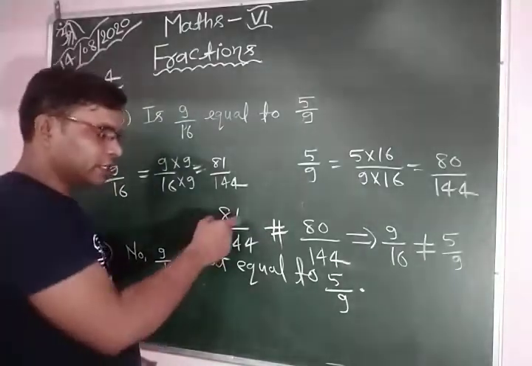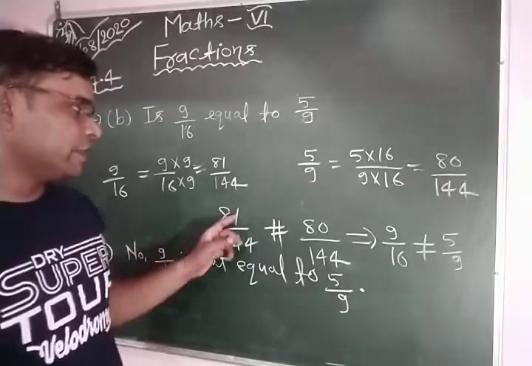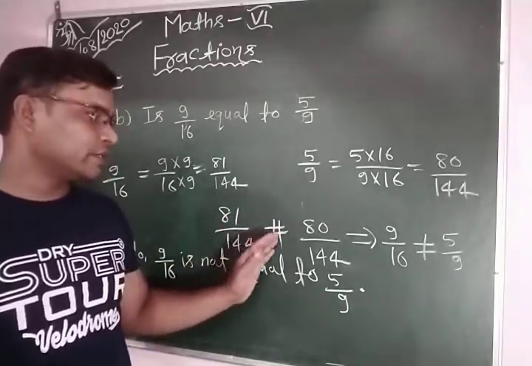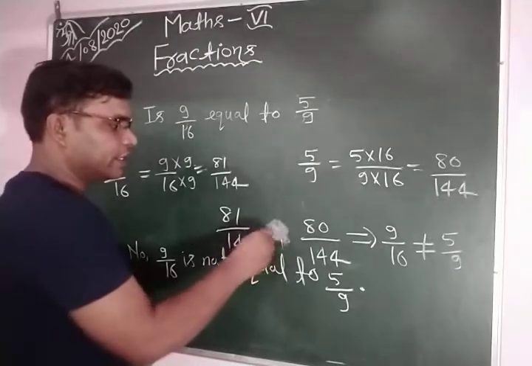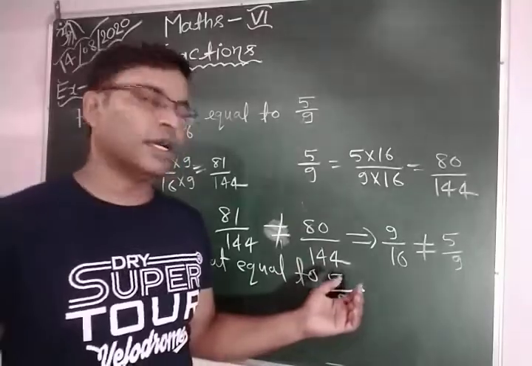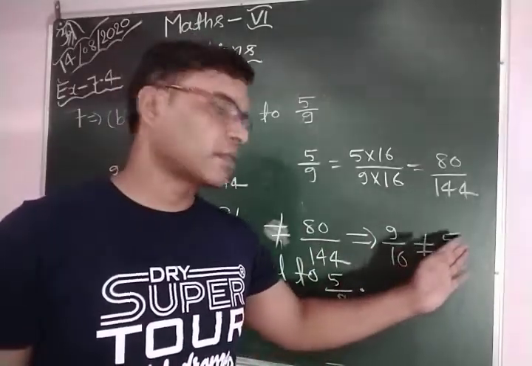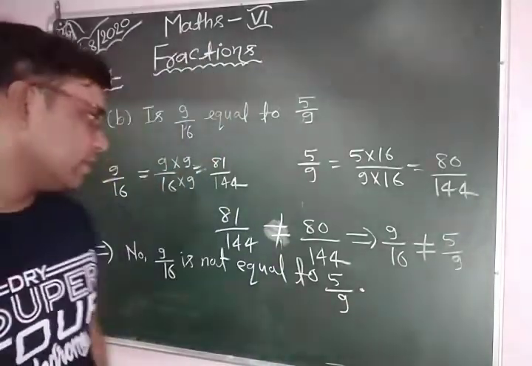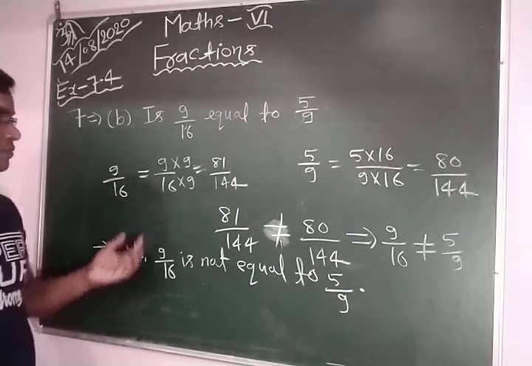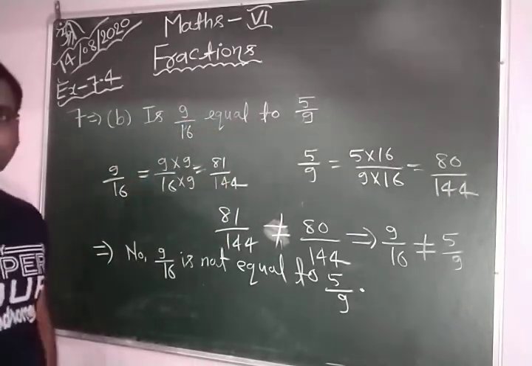But you can see the numerators are 81 and 80. So 81 by 144 does not equal 80 by 144, or you can say 9 by 16 does not equal 5 by 9. So here you can say no, 9 by 16 is not equal to 5 by 9.